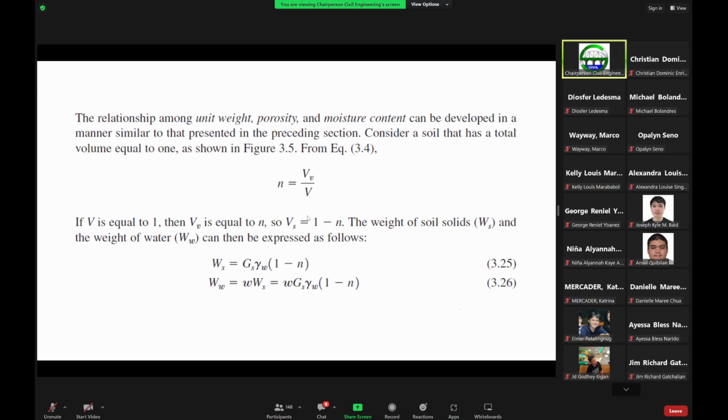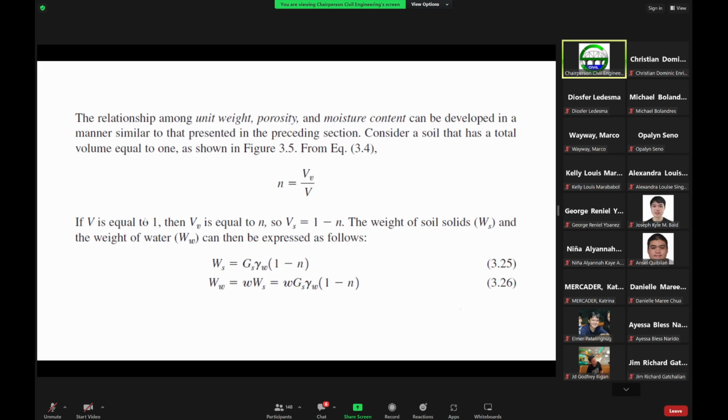The volume of solids will then be equal to 1 minus n, because the total volume is equal to the volume of voids plus the volume of solids.